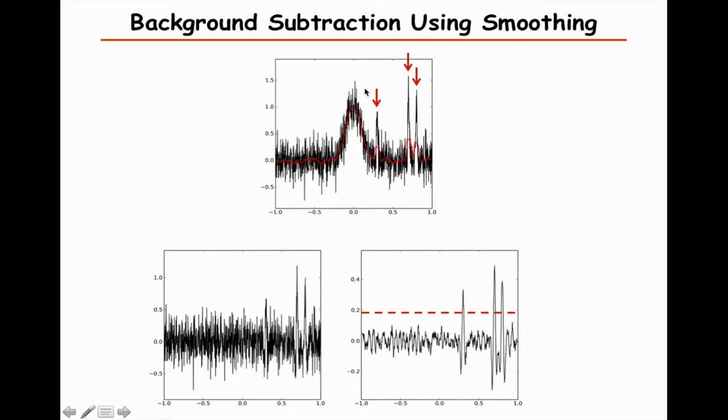But the homework is actually to run a script and find the parameters where you can remove the large, wide peak in the middle, but still keep the thinner, smaller peaks.